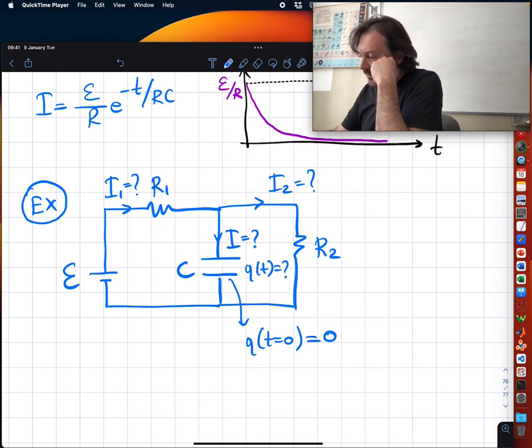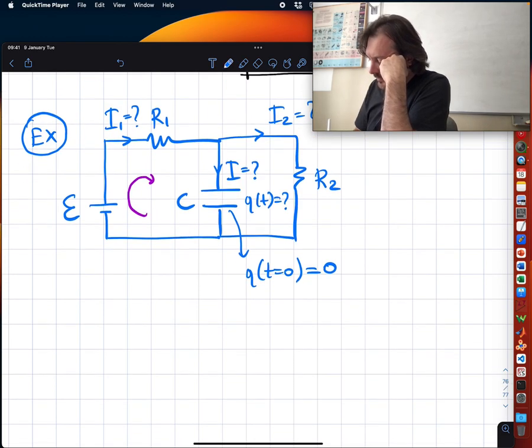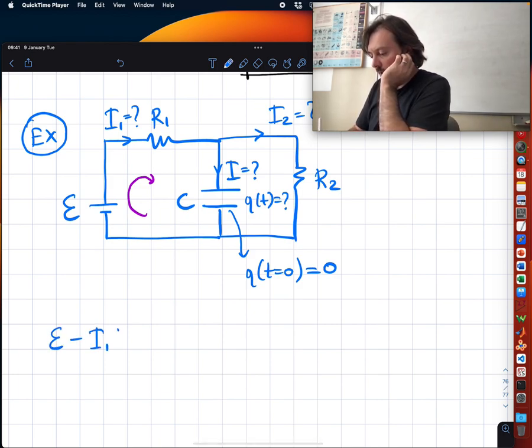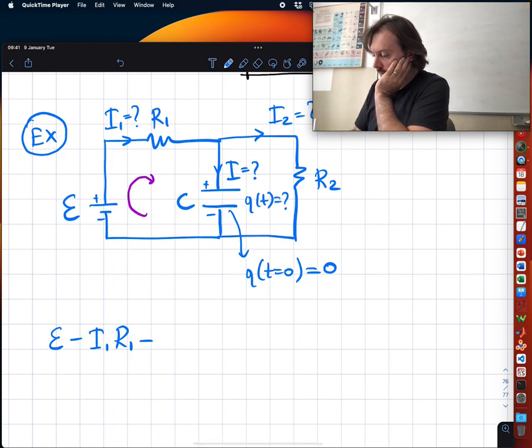All right. Let's write down the equation for this part. Let me go in this direction. So I have E minus I1 R1, and then what do I have here? I have plus, minus, so minus Q over C equals 0.